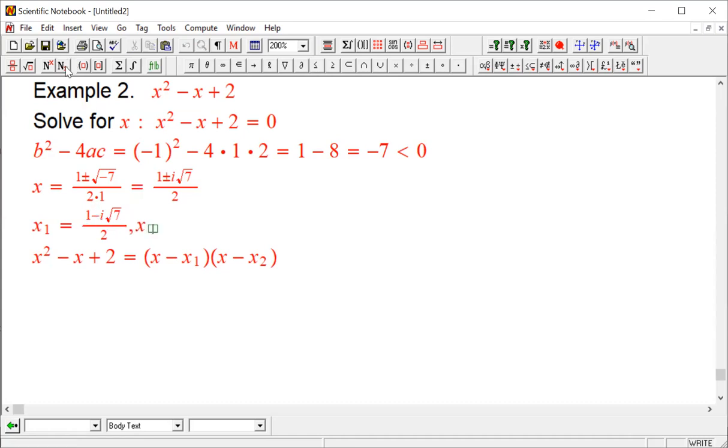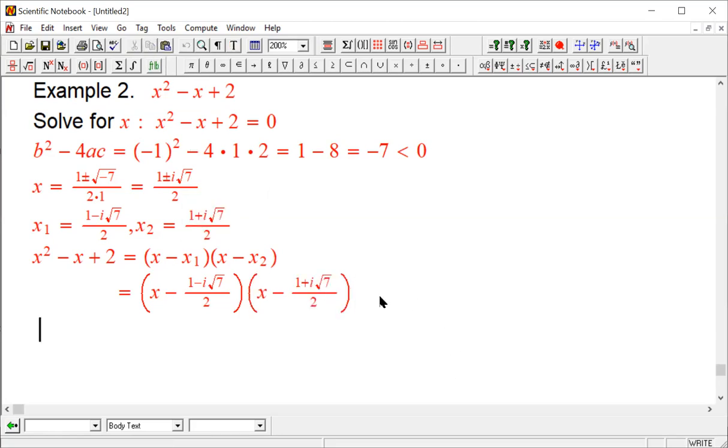X sub 2 is going to equal the one over here with the plus. And just plug in: x minus x1, and the other one is x minus x2.